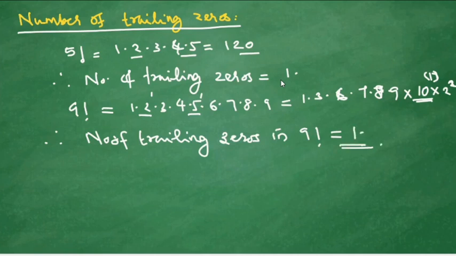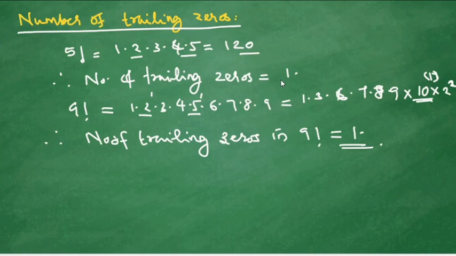When the number becomes larger and larger, for example 720 factorial or some larger number, listing all the numbers from 1 to that number is not very easy.